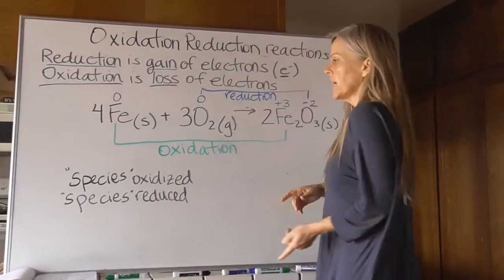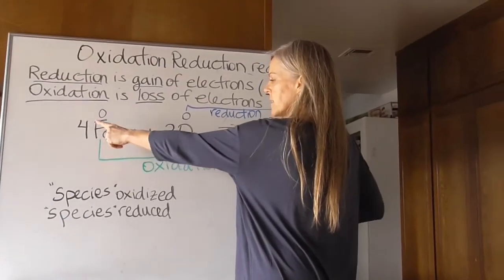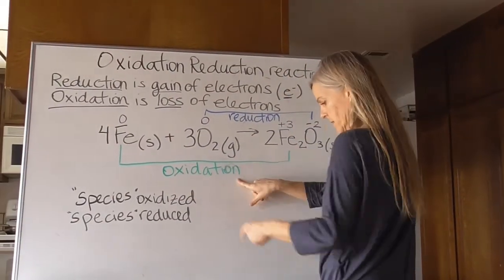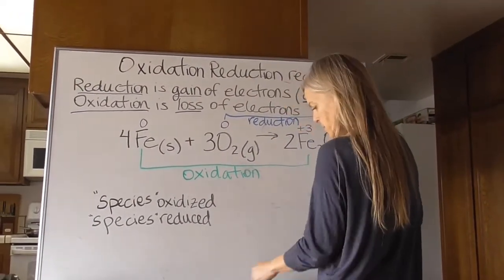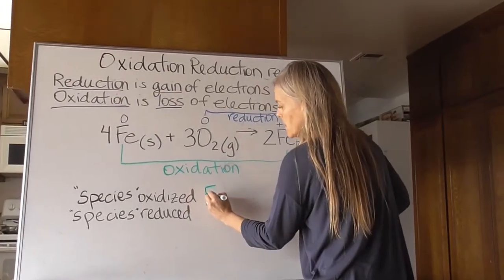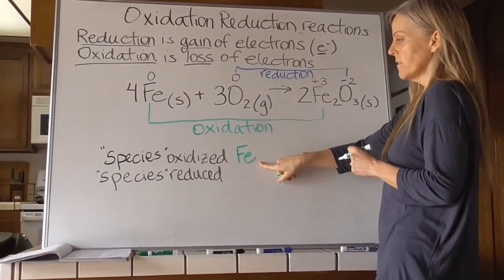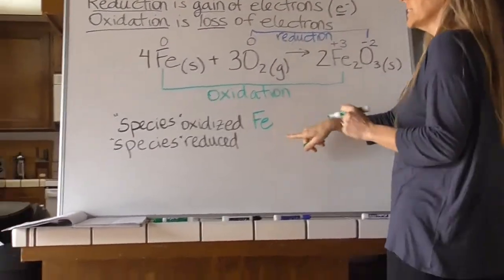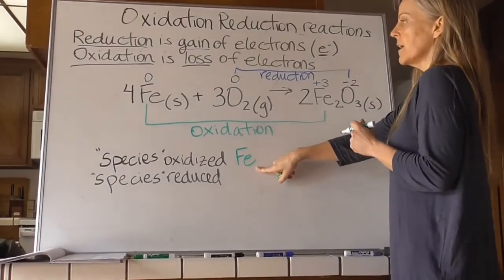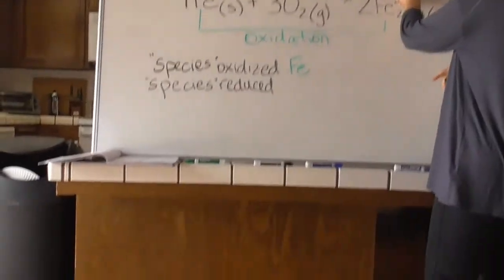So if you look at what got oxidized, it's going from left to right. The iron atom got oxidized. So your answer for this one is your iron. You don't need the 4 in front of it, and you don't need the phase label. You just need to say what the atom is that got oxidized. And then for reduced, this is our reduction.